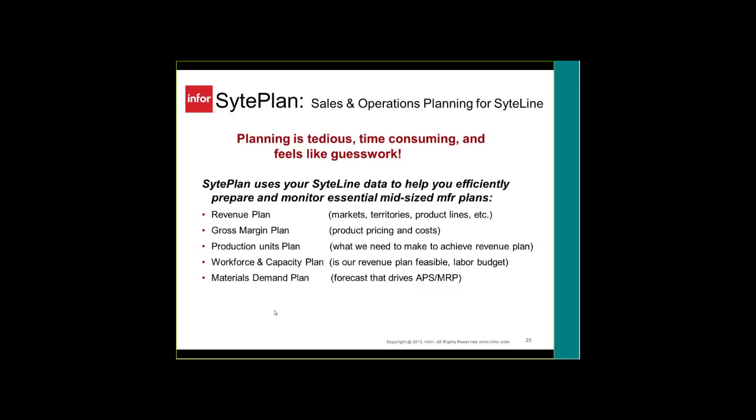Like the sales analysis tool that I showed you a while ago, we have a tool here that pivots on all those multiple dimensions to help you with building a plan. Then there's also the ability to build a workforce, call it a headcount plan, a capacity plan, and then, of course, SyteLine with your materials demand plan, and this brings it all together.